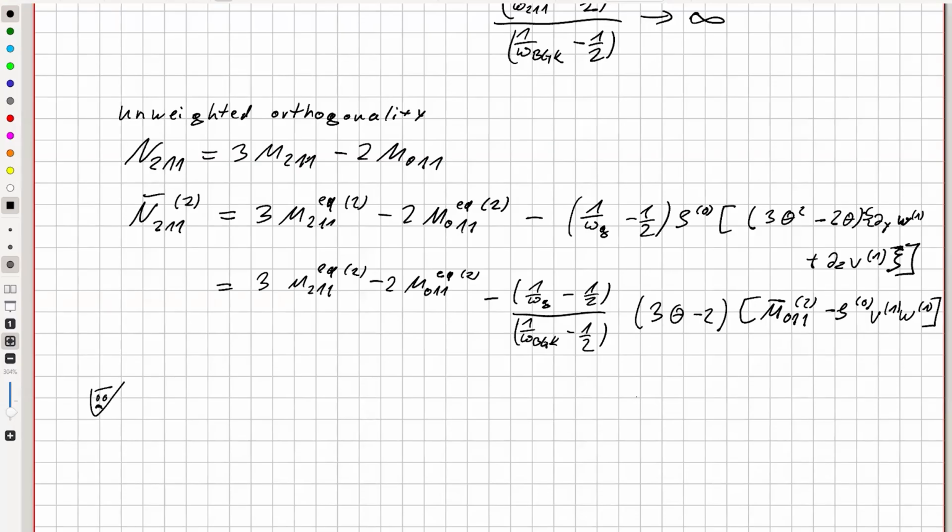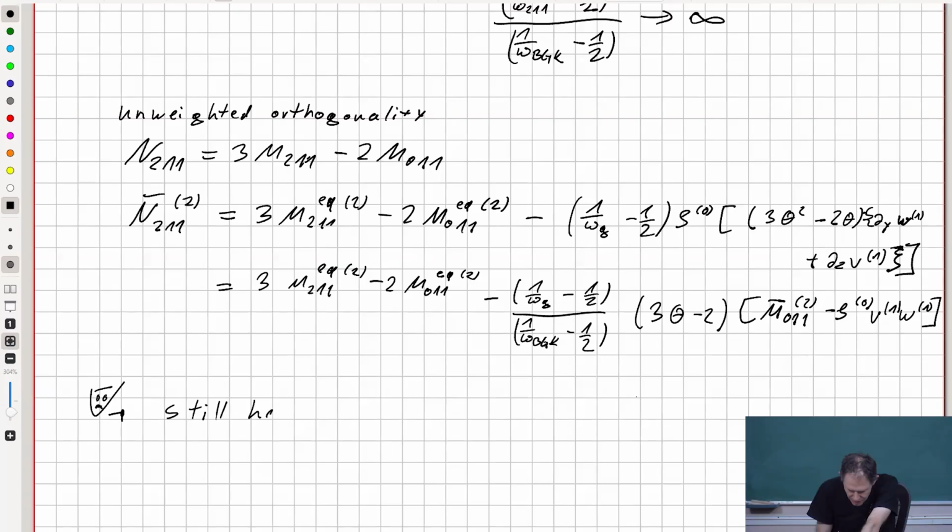You're not smiling, you give this a thumbs down, because we still have the same problem. Actually, this sign makes it a little bit worse. So this is even less stable than the non-orthogonal version, and it pretty quickly becomes unstable.